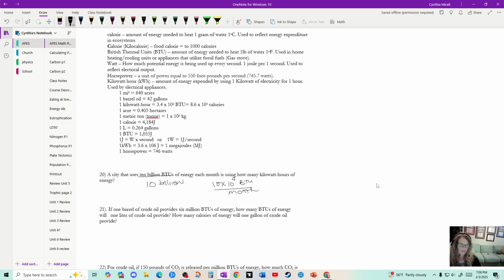Okay. And then I know if I look around here, I want to have my answer in kilowatt hours. So do I see that anywhere? Yes, right here. 1 kilowatt hour is that many BTUs. So I can use that, and I'm doing dimensional analysis because it's way easier to set stuff up.